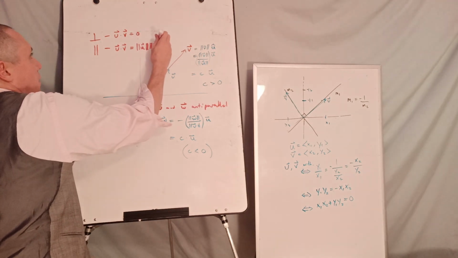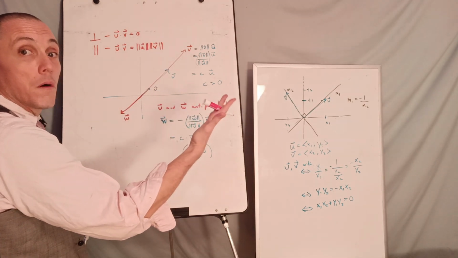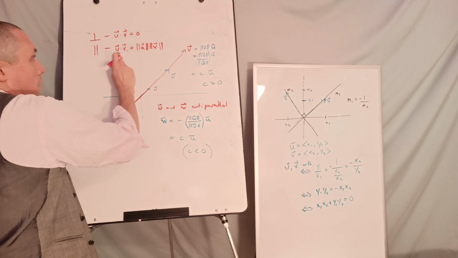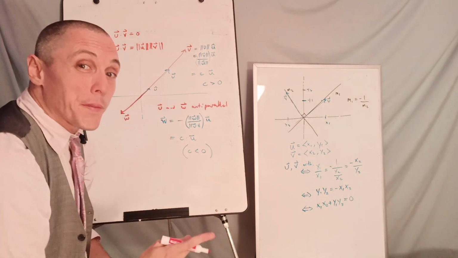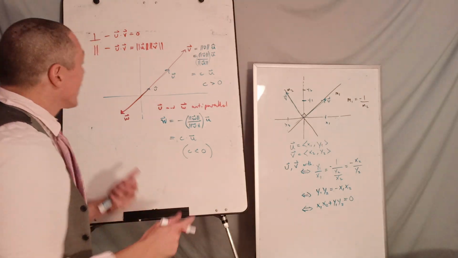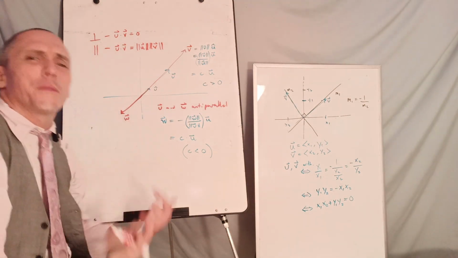But the cosine of the angle between them is 0, and the cosine of 0 is 1. Oh, so the dot product turns into a scalar multiplication of their lengths as soon as we are talking about parallel vectors. And this shouldn't really be a surprise, right?